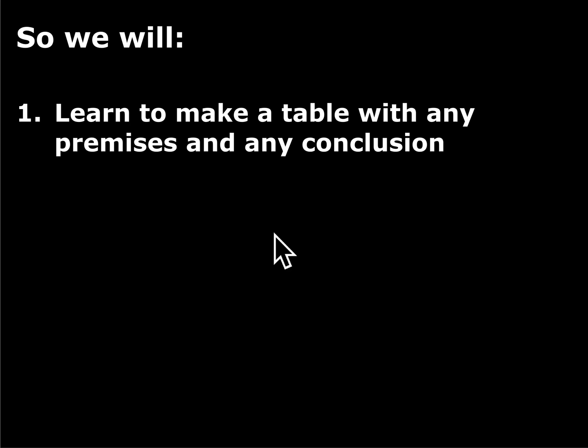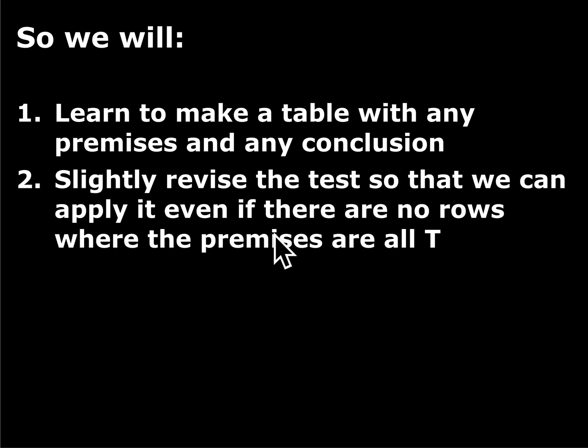Then we'll be able to use this test for any argument. And then we're going to also make a slight revision to how we implement the test so that we can apply it even if there's no rows where the premises are all true. Okay. So those are the two things that we're going to do.